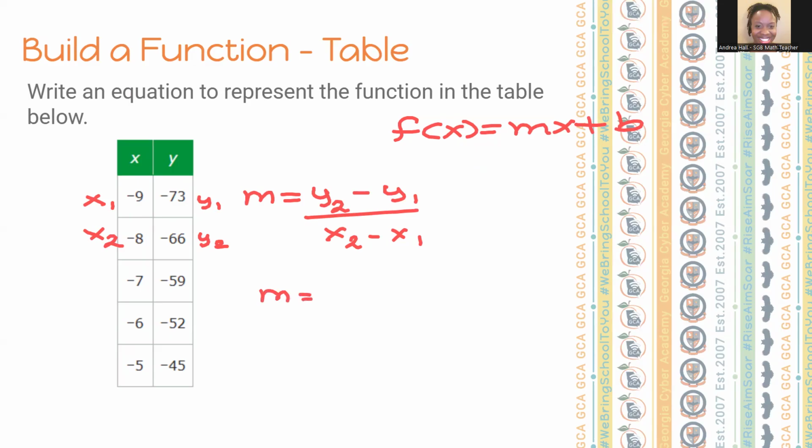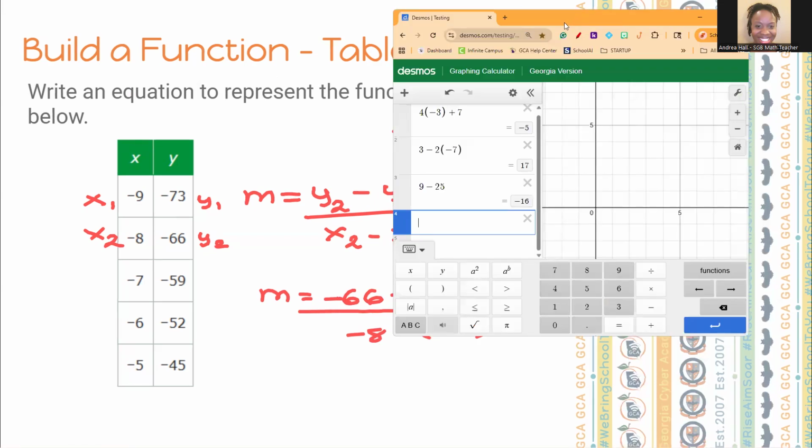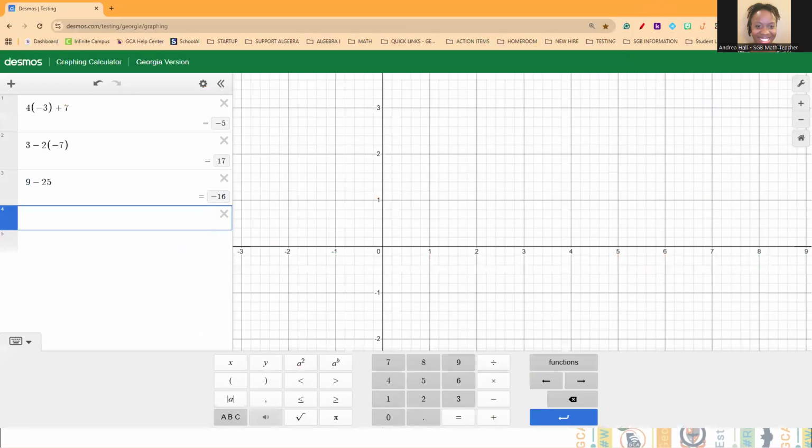When I plug it in, I'm going to say y2, which is negative 66, minus y1, which is negative 73. Notice that there are 2 minuses here. Negative 66 minus negative 73, all over x2, which is negative 8, minus negative 9. I'm going to use my calculator for this. No need to do all that by hand when we can work smarter, not harder.